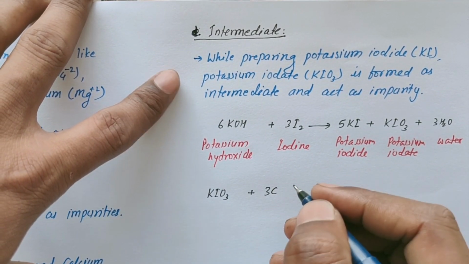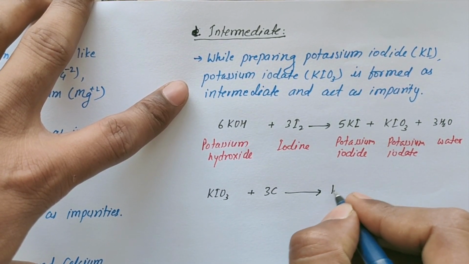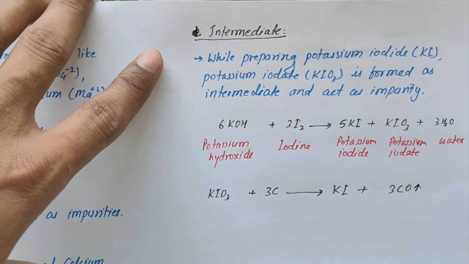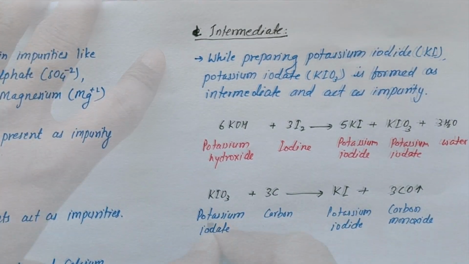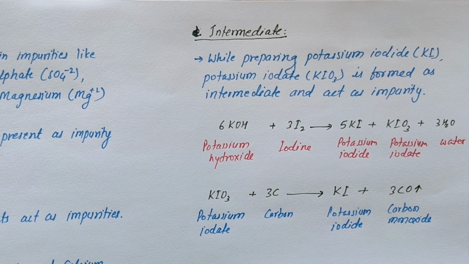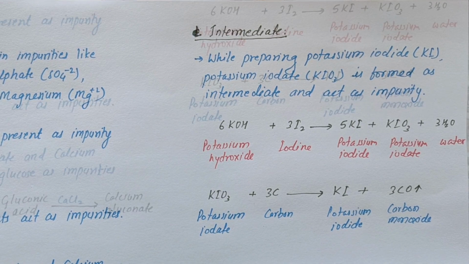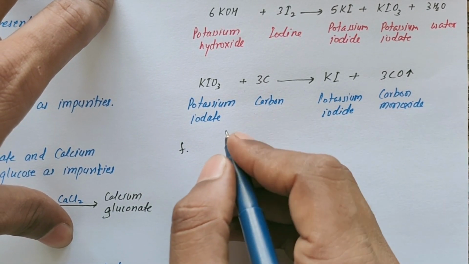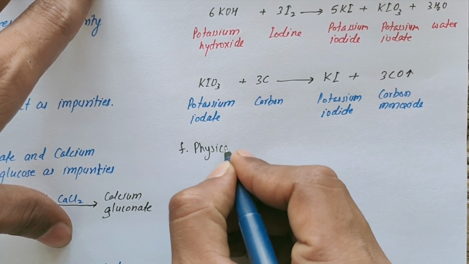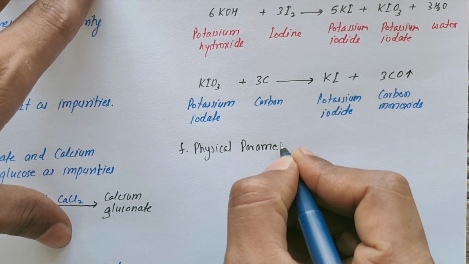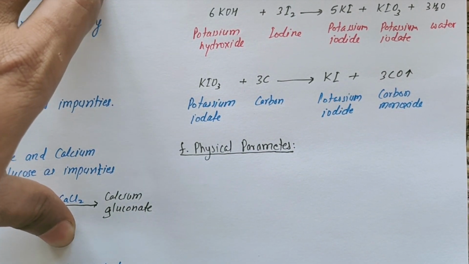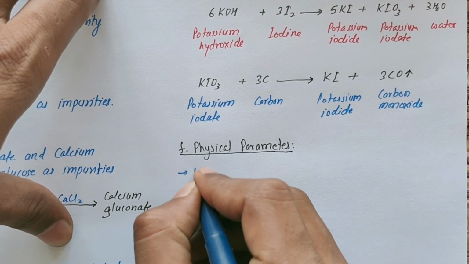Now this KIO3, potassium iodate, will react with 3 carbon and make potassium iodide and 3 carbon monoxide molecules. Now we will see some physical parameters which are going to affect the final product or may contribute impurities to the final product.